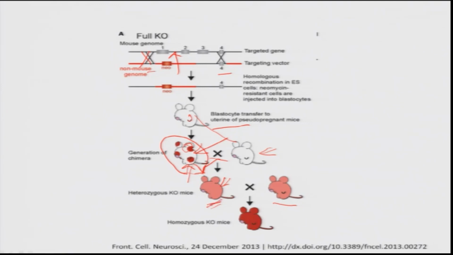Then I know there is a 50% chance that it would have the allele that is removed or mutated, and you cross these two and you will get an animal which is likely to have the knocked out gene, right. Then you look at what is the phenotype of this animal, and this is how you create knockout animals.